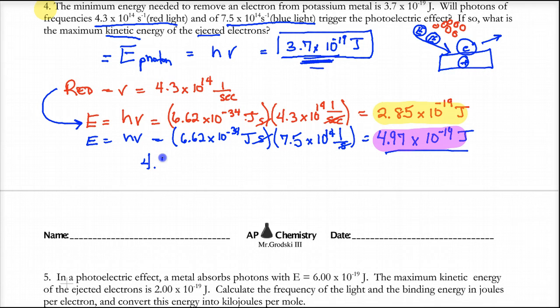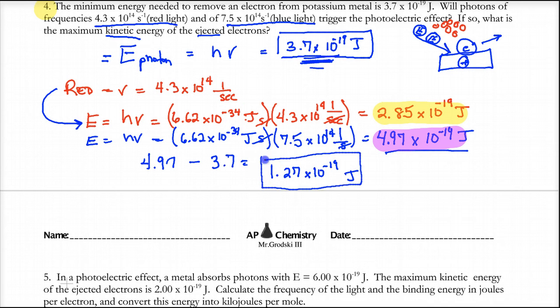So 4.97 minus 3.7, and they're both to the negative 19, so I can do this. 4.97 minus 3.7 gives me 1.27 times 10 to the negative 19 joules. Since it's kinetic energy, they're already in joules. So that would be the kinetic energy.